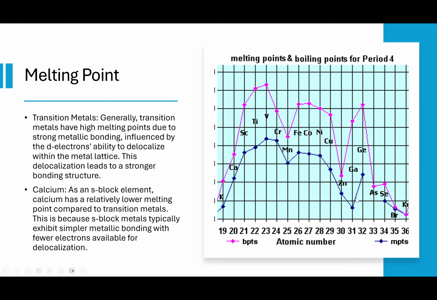So each time we look at these characteristics, let's look at in which categories zinc stands out or shows poor transition element characteristics. One of the main characteristics is a high melting point and boiling point. We can have a transition metal which has a lower boiling point and melting point than calcium, which is not a transition element. It just sticks out like a sore thumb.